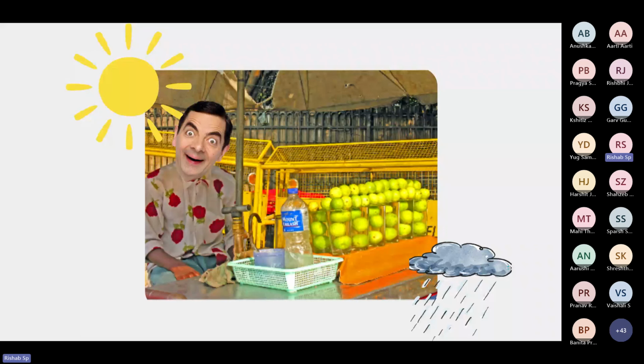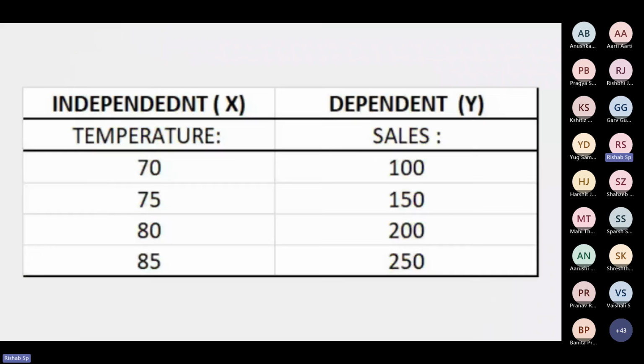Let's talk about the temperature. Fine. So the table is simple: independent, dependent. You don't have to bother too much about these now. Let's take this temperature, which is in Fahrenheit. If it's 70 Fahrenheit, he sells 100 lemonades.